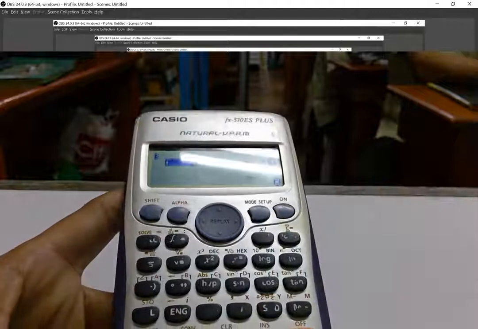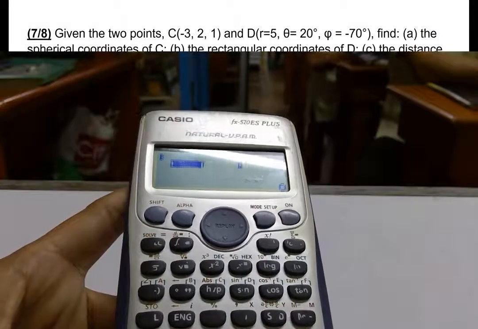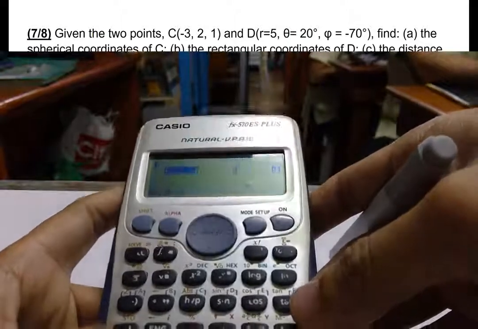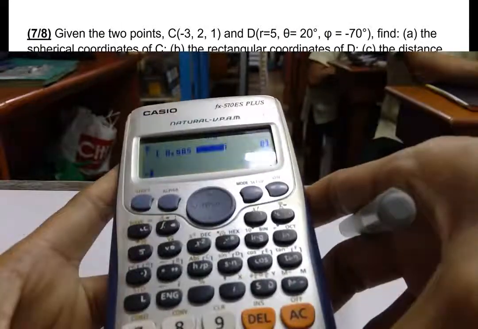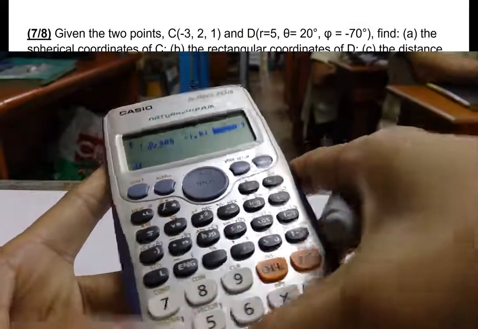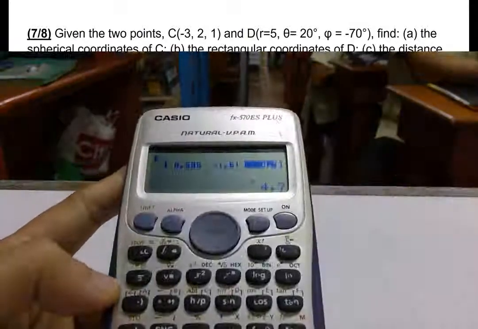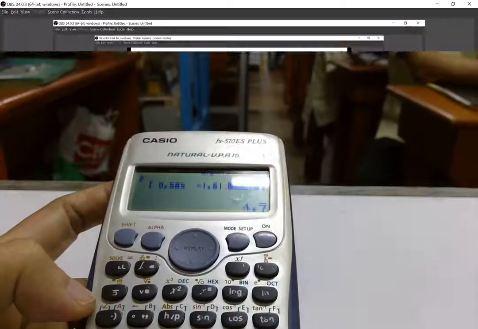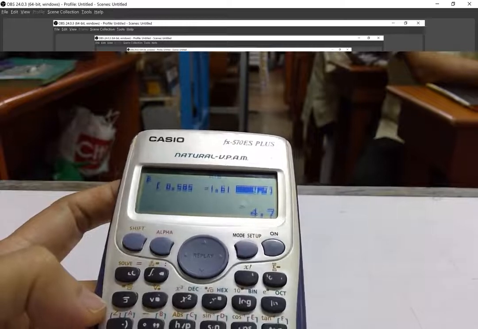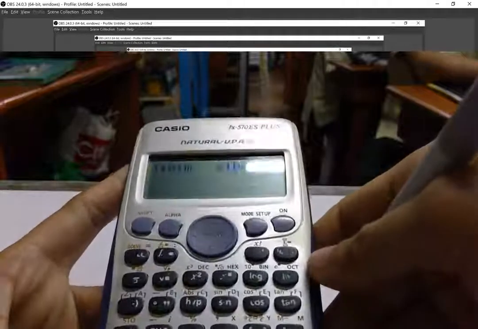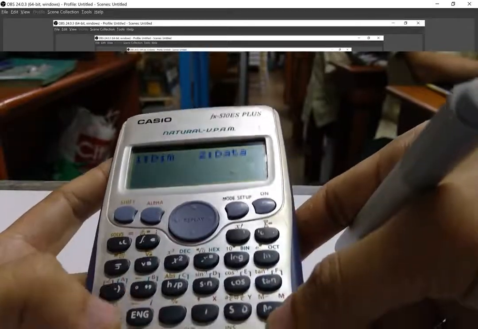We assume that this one is vector D, which is 0.585, then -1.61, and then 4.7. So we already have 2 vectors in our calculator. We can actually solve it. You can shift vector. This is data.